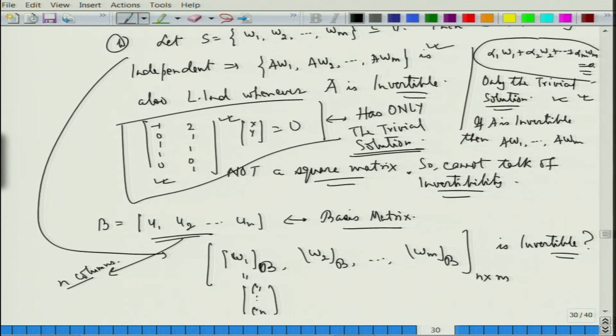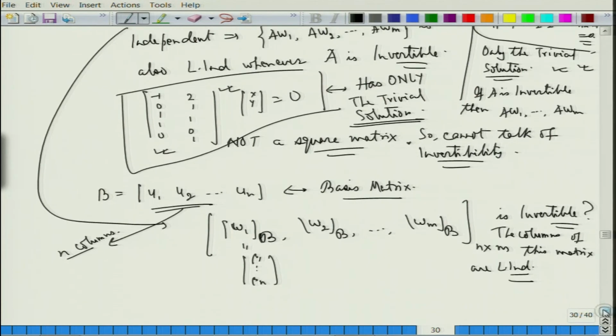But what we are saying is that invertible in the sense that the columns of this matrix are linearly independent. Is that okay? So this is what you have to be careful about.